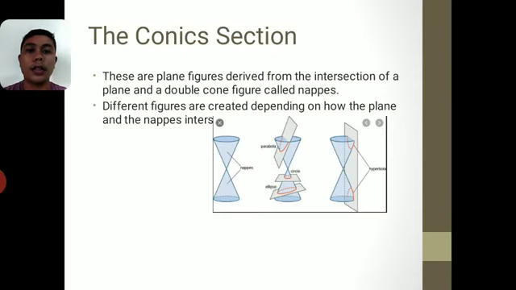The conic section is actually a part of the analytic geometry, and the conic sections are plane figures derived from the intersection of a plane and a double cone figure called naps. Do you see the naps?